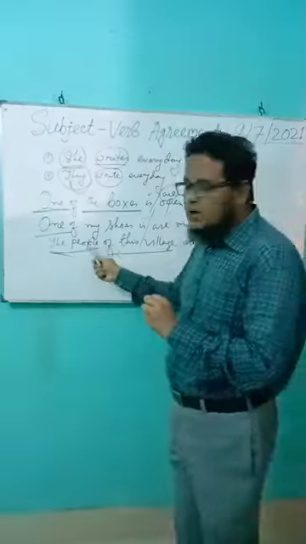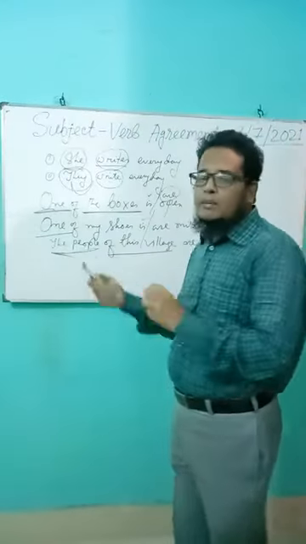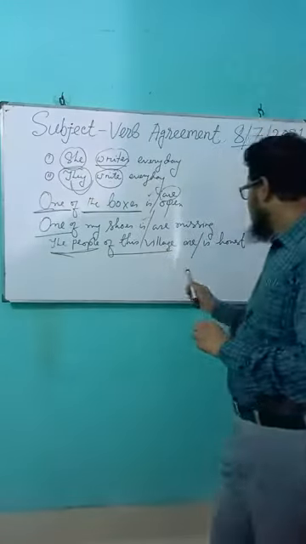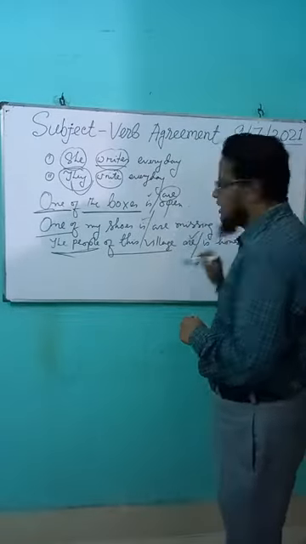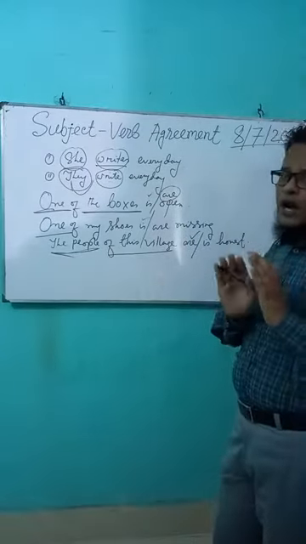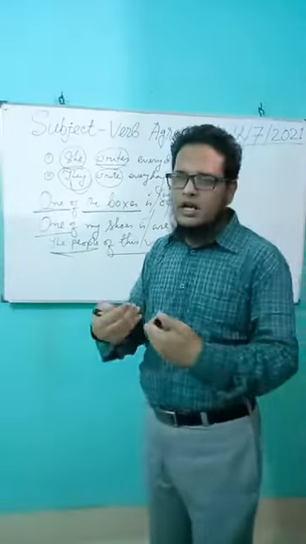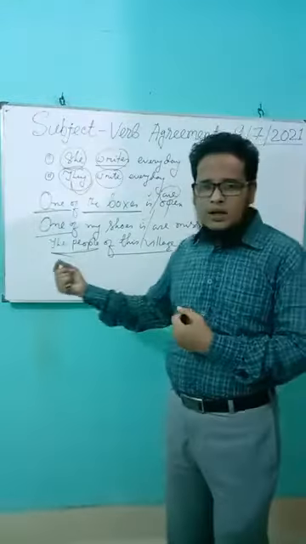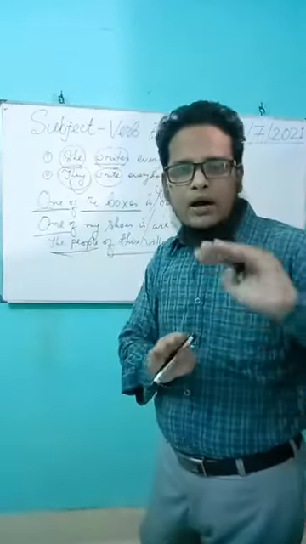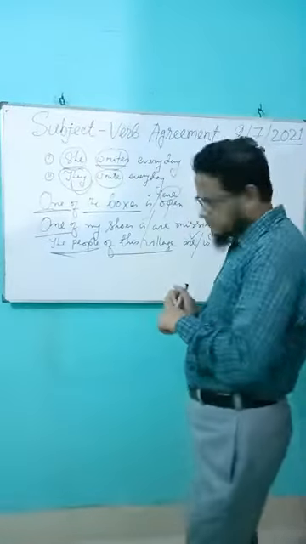So "the people" is a plural subject, and a plural subject takes a plural verb. So the people of this village are honest, not is honest. That is verb agreement. We have to know how the verb agrees with the subject.